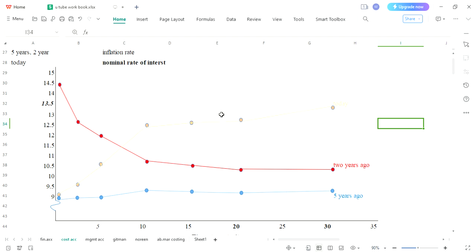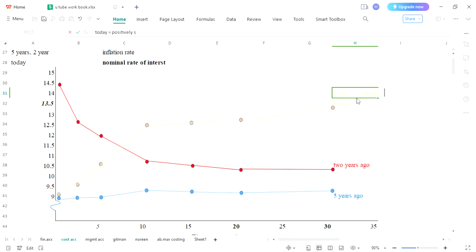So we have a positively sloped orange, and you can write it as positively sloped or upward trend.